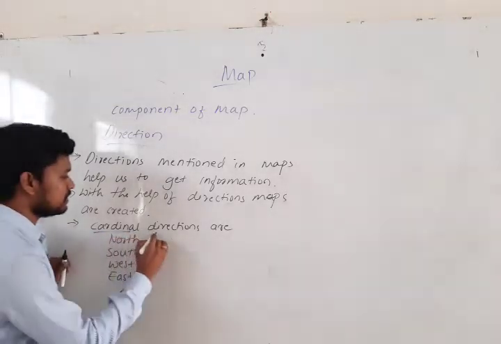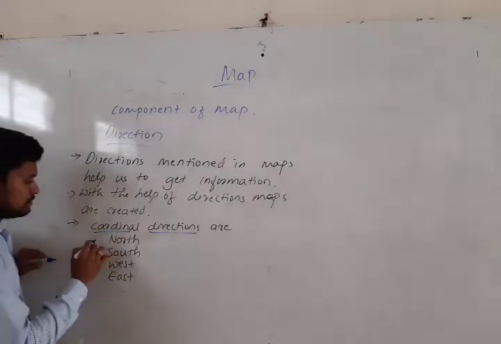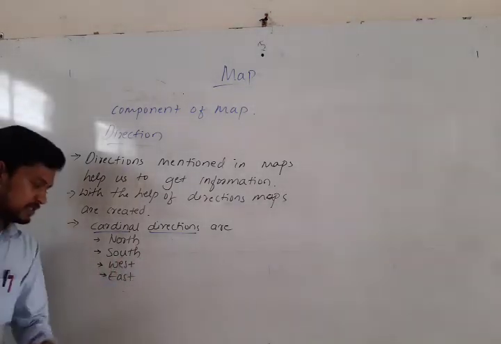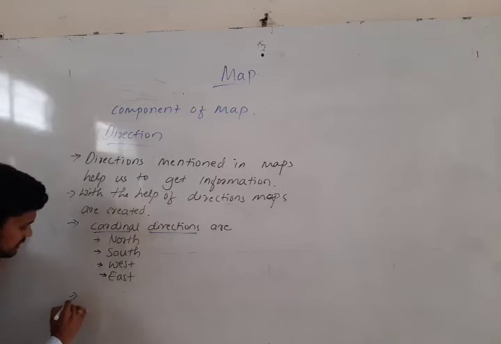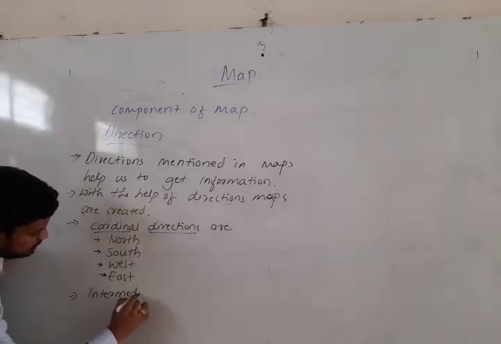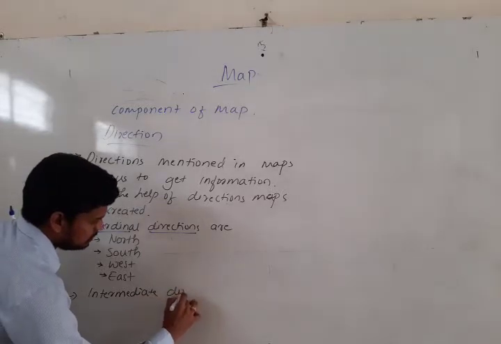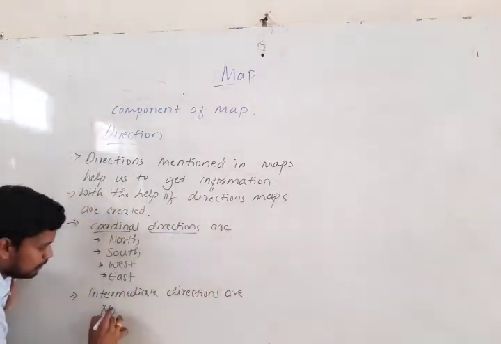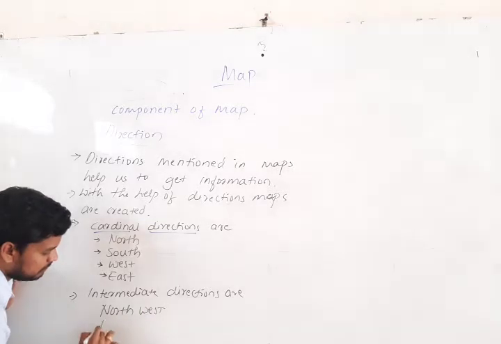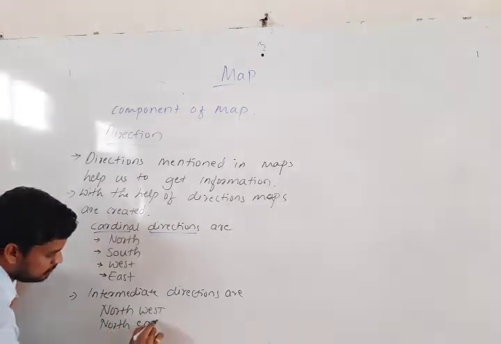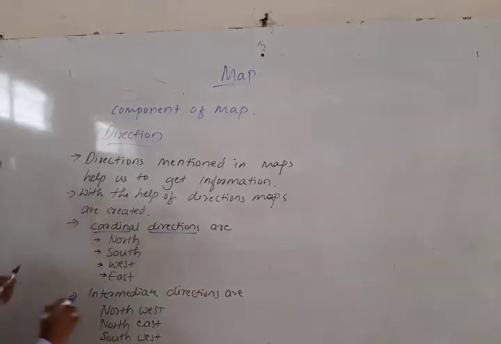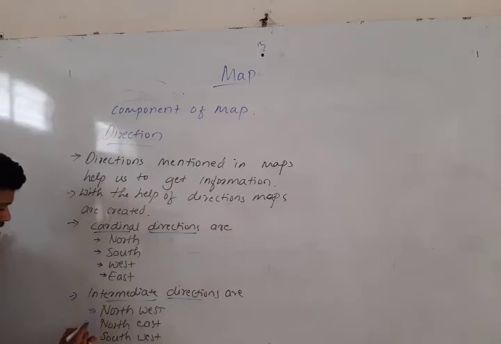These are the cardinal directions, the main directions, Pradhana Dikkulu. Then the intermediate directions are northwest, northeast, southwest, southeast. These are the intermediate directions.